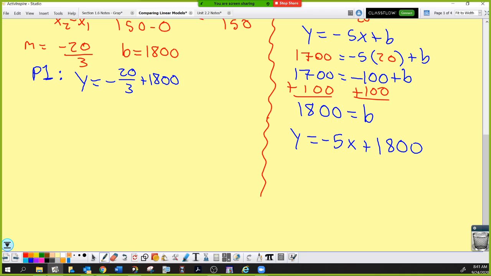So if I want to know how long it takes to pay off, I have to use a debt of 0. And debt is y values. So this is to pay off. To pay off, you would use a 0 for your debt. And you would solve for x, which is the number of days.